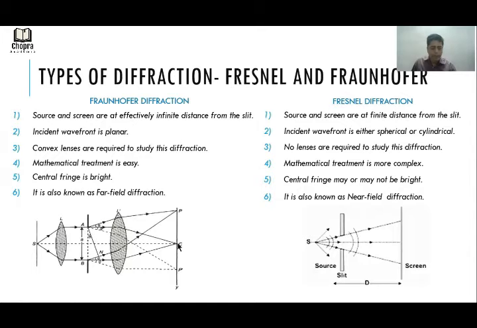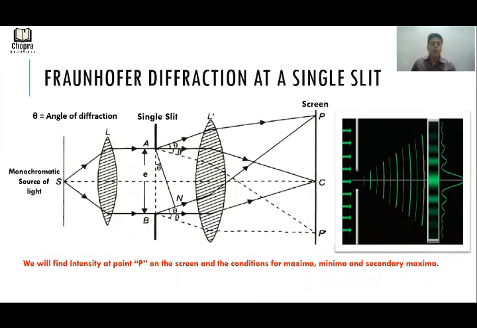So you get a bright fringe here. In Fresnel diffraction, the central fringe may or may not be bright. Fraunhofer diffraction is also called far field diffraction, and Fresnel diffraction is also called near field diffraction. We go for Fraunhofer diffraction at a single slit.